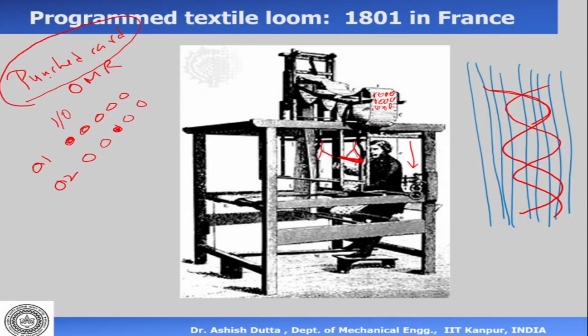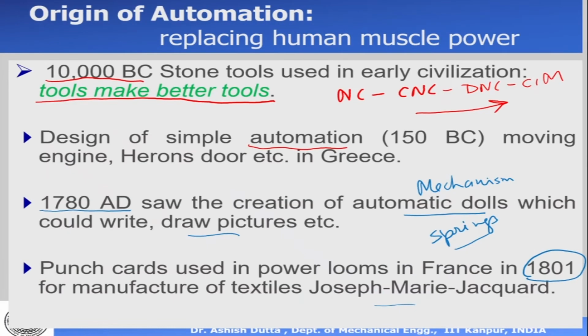Now the older computers, NC machines, they all use punch card. Well, when you're writing the program in the early days, they would write it in the form of a punch card, and there would be a hole or no hole, and the card reader can read that. So the earliest example of a program which is written for a machine to read is 1801 by Joseph Jacquard in France in the form of a power loom.